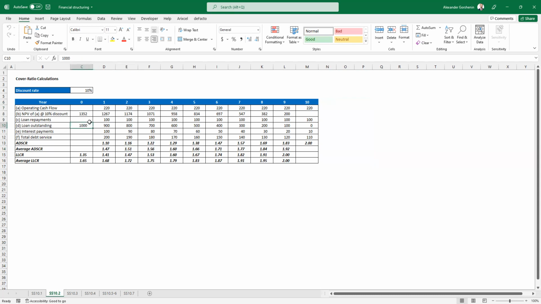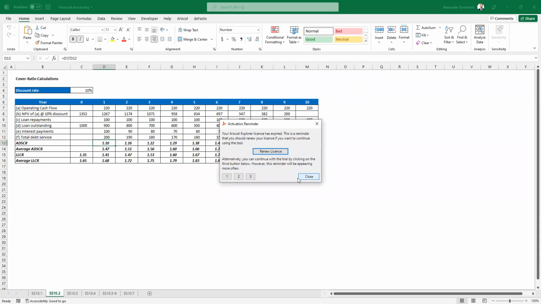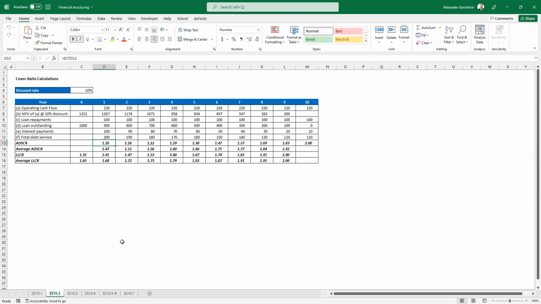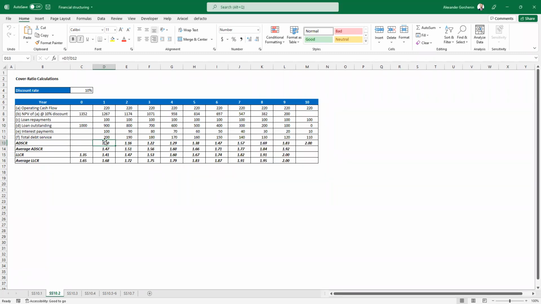Let us see the calculation here. We have the loan repayment, we have the interest payment, and the total debt service. Probably something went wrong with the license, no problem.